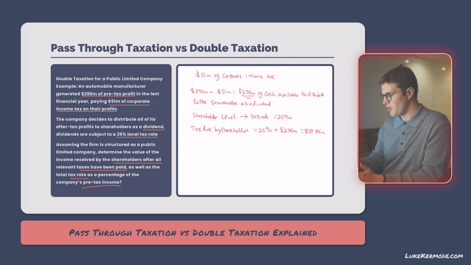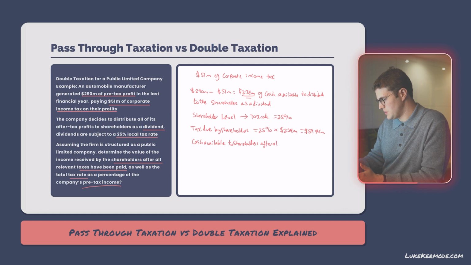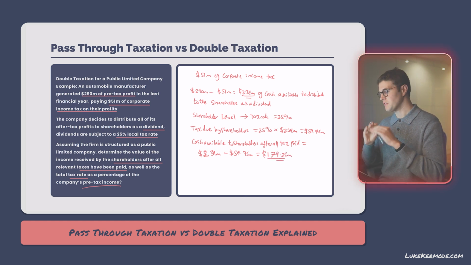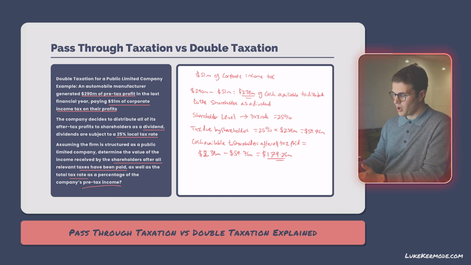So once all shareholders have been paid, the cash available to shareholders after all tax paid equals 239 million minus 59.75 million, which equals 179.25 million. So that is how much cash is distributed to the shareholders after all taxes have been paid. So that's part one of our question.